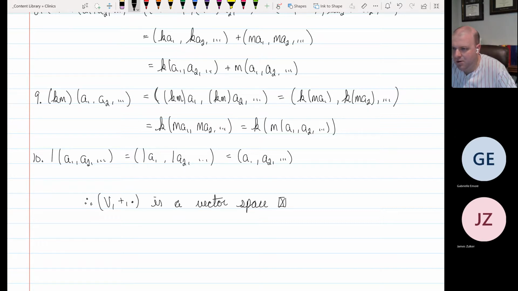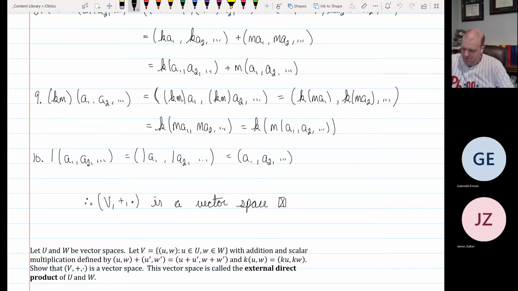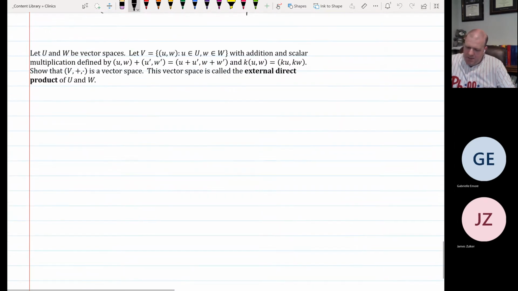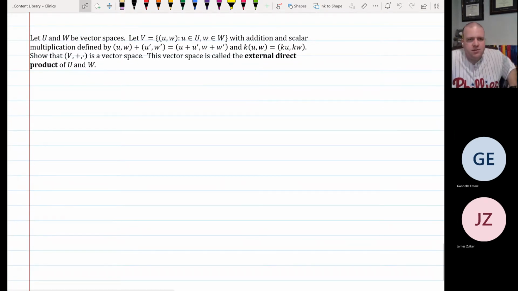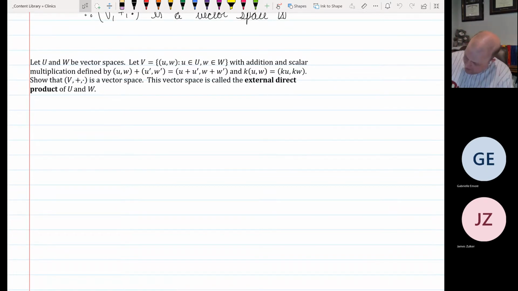And we got one more. So here we're being told that U and W are vector spaces. And we're going to say V is a set of all ordered pairs (u, w), such that u is in U and w is in W, right? Which, by the way, we can also say that V is the Cartesian product of U and W, right?